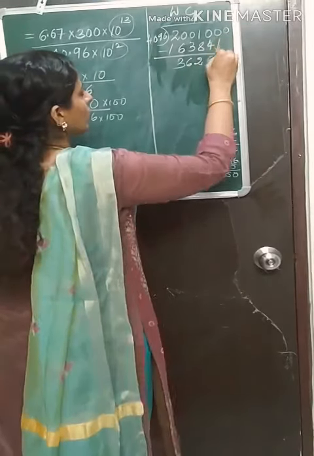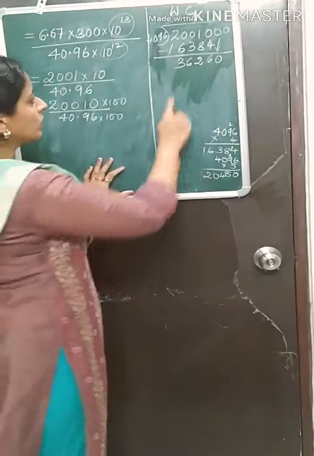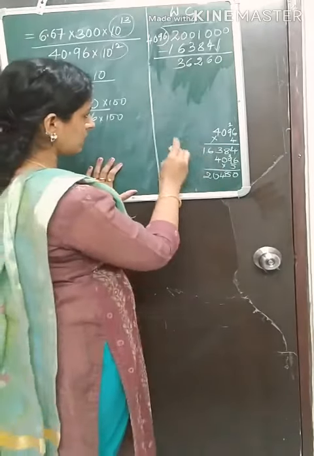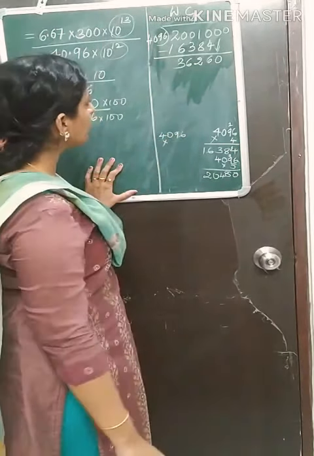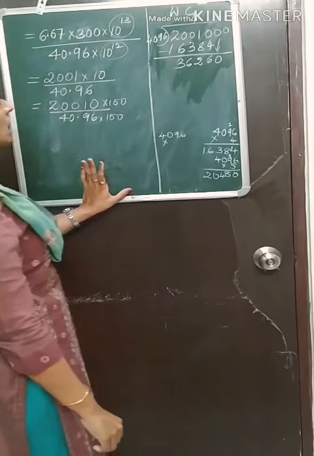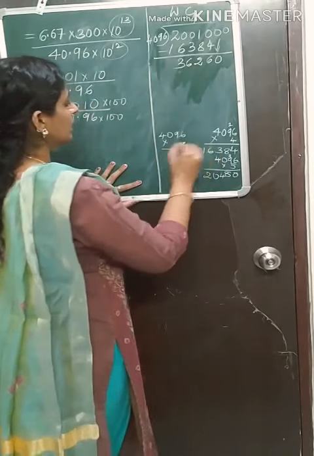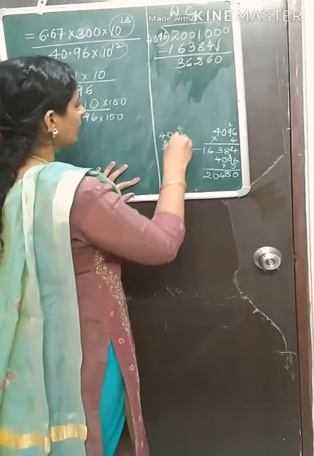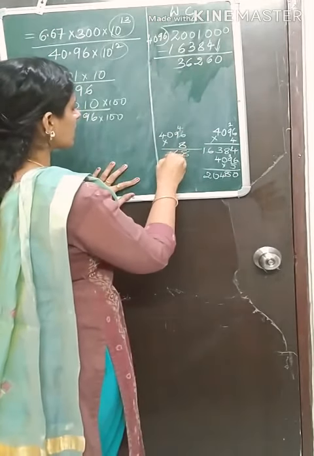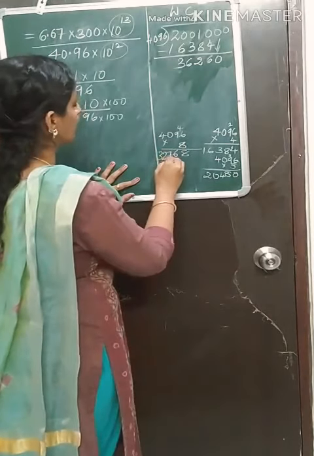Bring the next digit down, 0. Now we want 36260. Let us try 4096 multiplied by 8s. 8 6s are 48, carry 4, 72, 76, carry 7, 8 4s are 32.